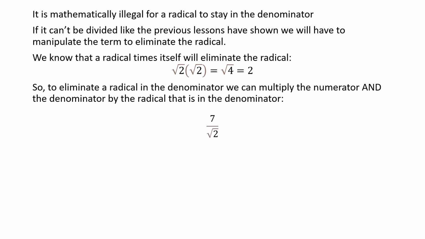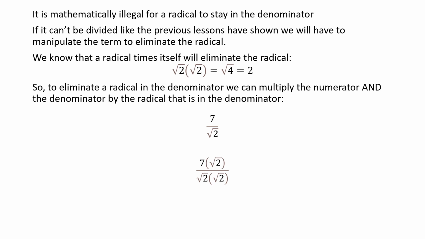So let's say we start with 7 over the square root of 2. Before, we had a radical in the top and we could divide things down. In this case we do not. So it is illegal to have a radical in the denominator. If we multiply square root of 2 times itself, it will eliminate itself.